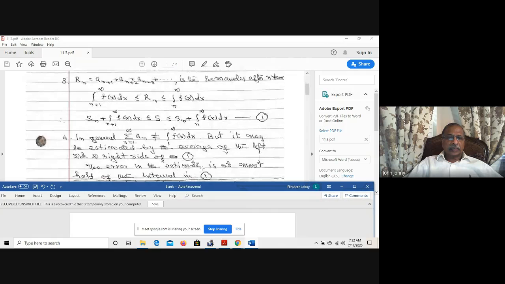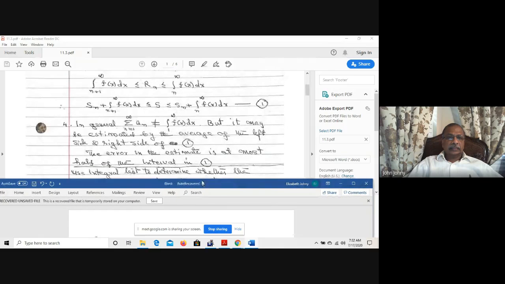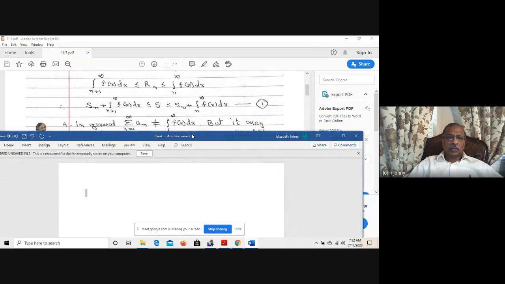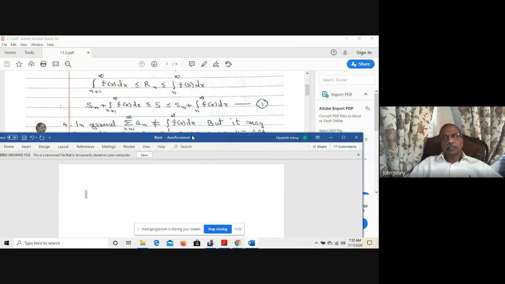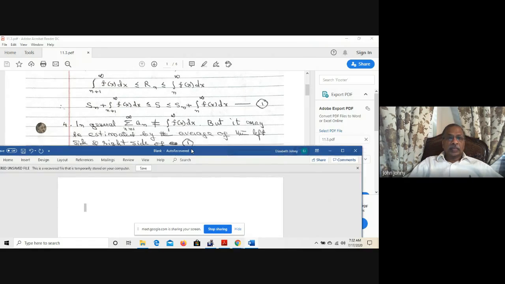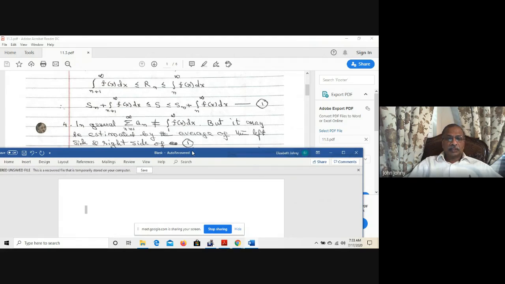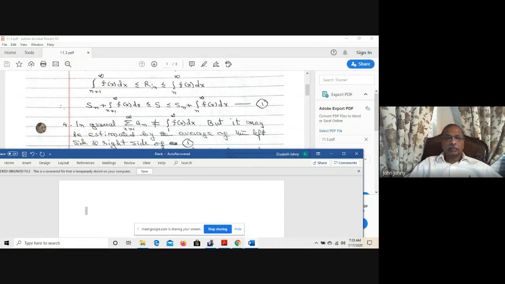And in general, the sum from 1 to infinity of a_n is not equal to the integral from 1 to infinity of f(x) dx. That integral test is used only to check whether it is convergent or divergent, but you cannot find the value by integration. The actual value may be estimated by the average of the left side and the right side in equation number 1.